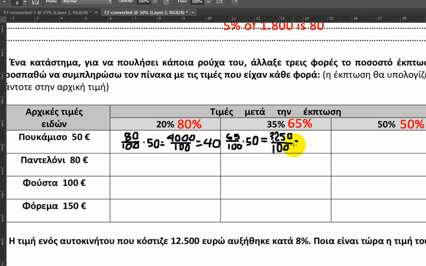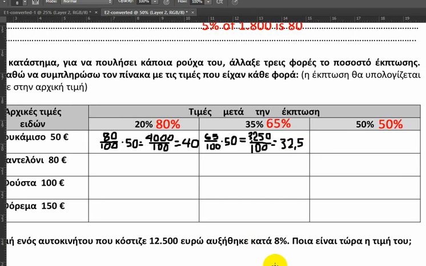3,250 divided by 100 would give me 32.5. So I would pay 32.5 euros. Now here, again, we said you could just take the half. If you remember that 50% is half, you could just take the half of 50.